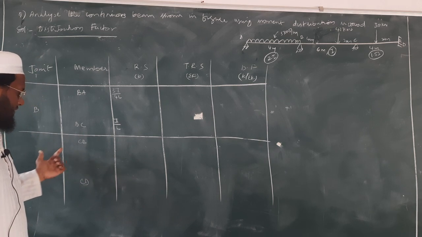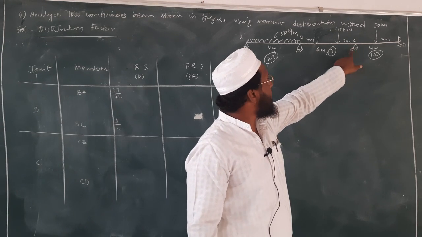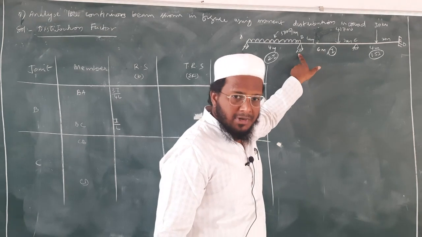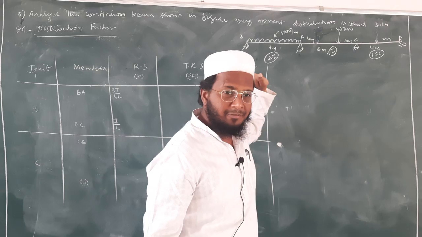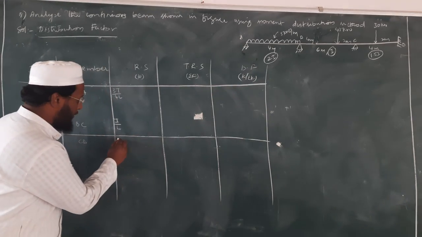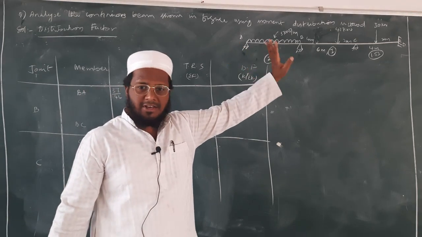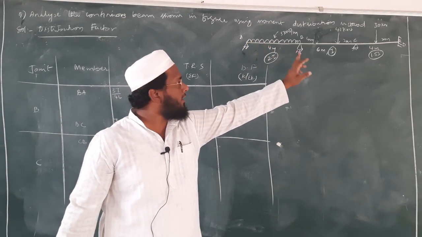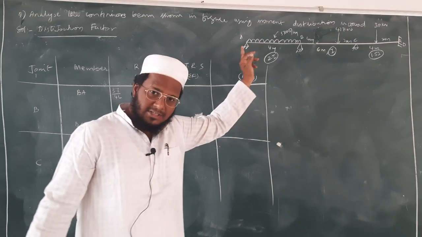Now we'll go for CB and CD. See here, from C to B, it is simple support. But if you see beyond B, we have one more support. So then I by L only. Okay. I by L. Don't take 3I by 4L. When it is the extreme end, then only it is 3I by 4L. Okay. For CB, we have one support here.